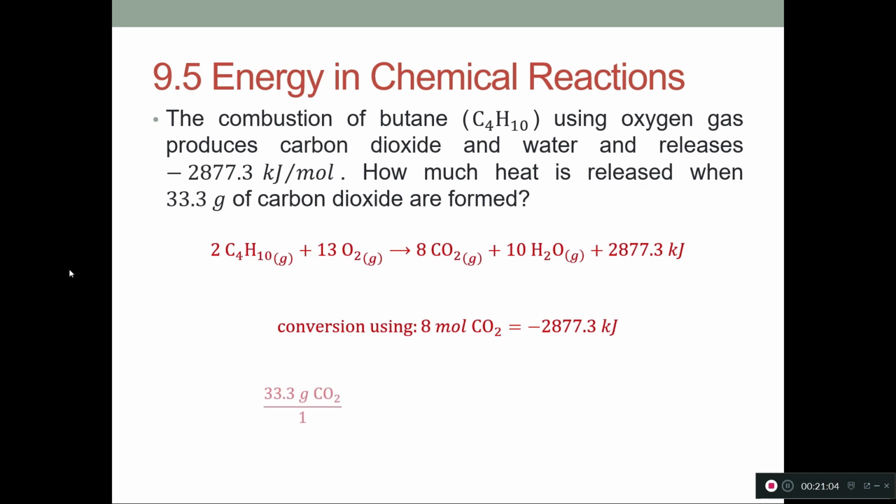And so if we are making 33.3 grams of carbon dioxide, we want to start with this, then use the molar mass of carbon dioxide, and then we use this conversion factor here, where it's minus 2,877.3 kilojoules per 8 moles of carbon dioxide, and this gives us minus 272 kilojoules released from this reaction.